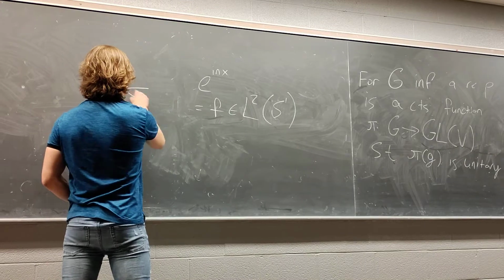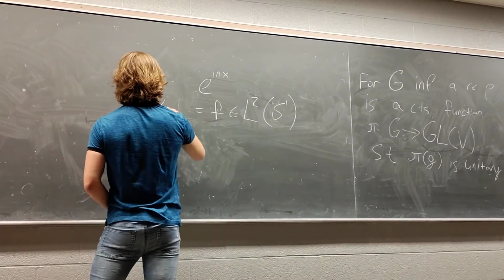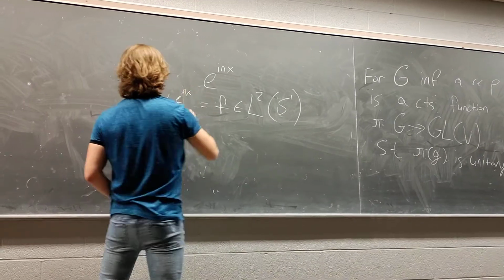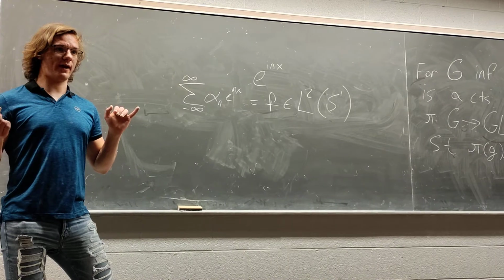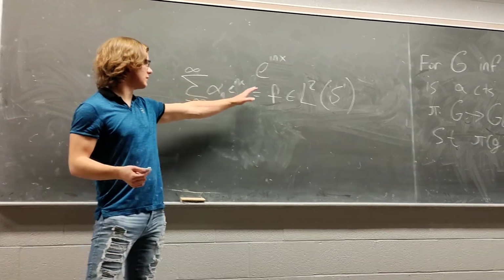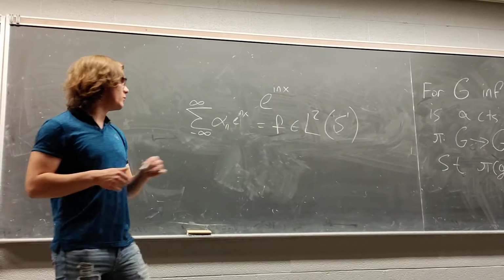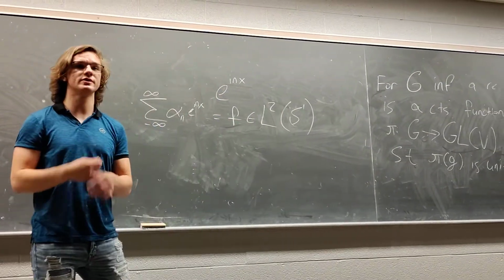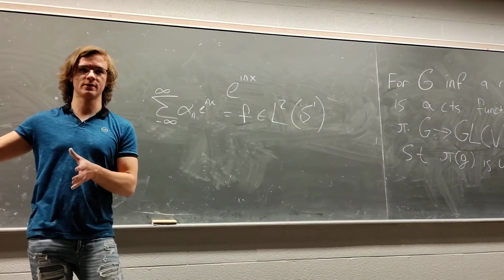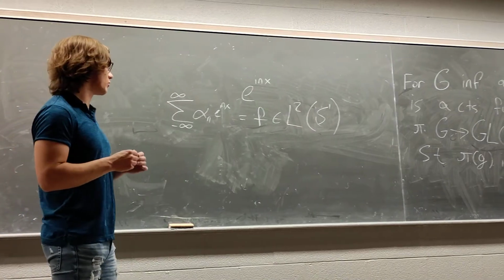Equals the sum from negative infinity to infinity of alpha n e to the inx. So we've now turned this analytic fact into a purely algebraic, well, almost purely algebraic fact. We've said that we can decompose any of the square integrable functions in terms of the characters. And that is a statement which generalizes much more easily.